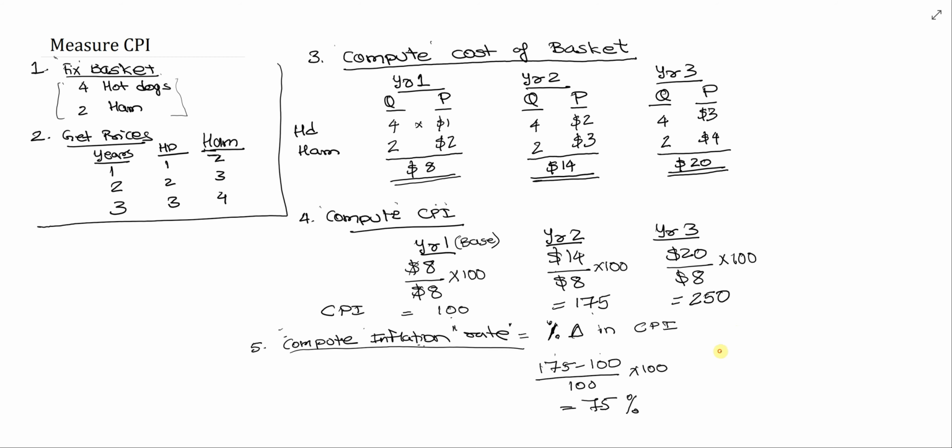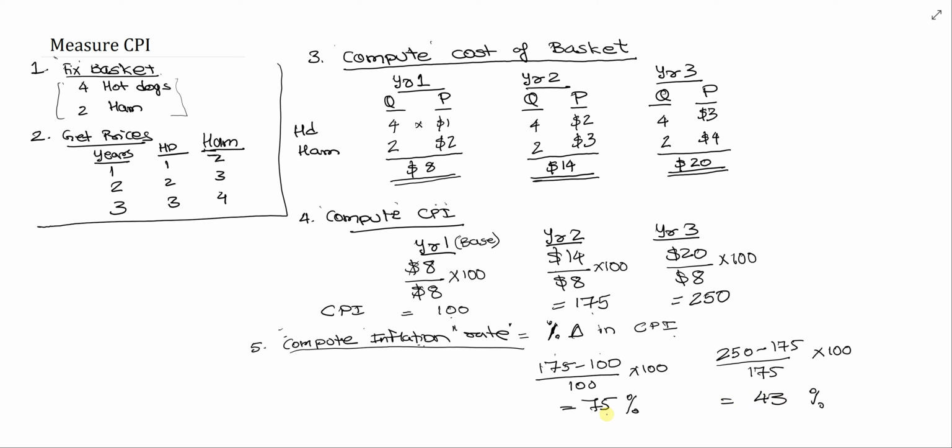In year 3, how much is the change? Remember, it's not the change in CPI, it's the percentage change, because you're talking of the rate of change. The change in the CPI is 250 minus 175. That's how much the change is, but it is relative to 175. Then when you multiply by 100, you get a percentage change in the CPI, which turns out to be 43%.